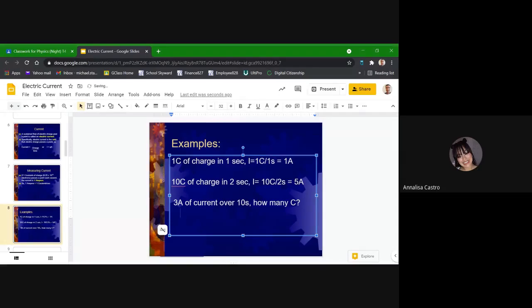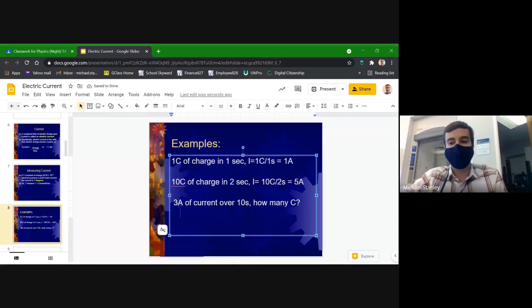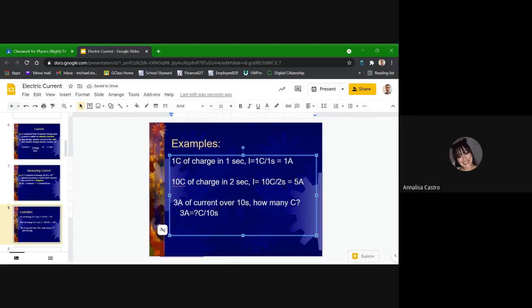So would we multiply that? Or would we still do the same? Remember, current equals charge over seconds. So if our current is 3, that's equal to our charge divided by 10 seconds. So it would be 30 charge?